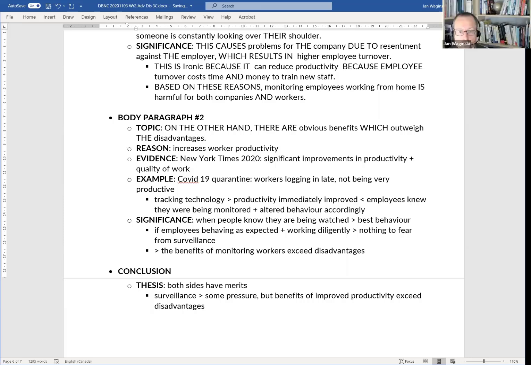On the other hand, the question didn't say that outweigh or not. So it's okay to. But what is your opinion? Discuss the advantages and disadvantages and give your opinion. So the obvious conclusion of that is there are advantages, there are disadvantages.